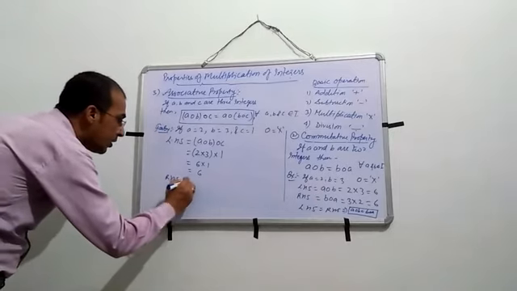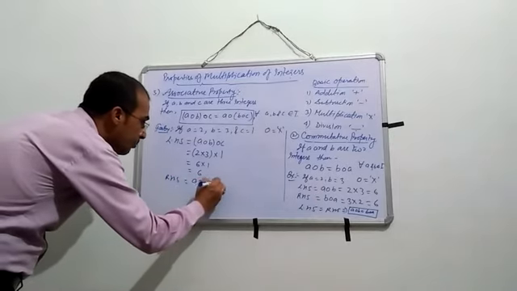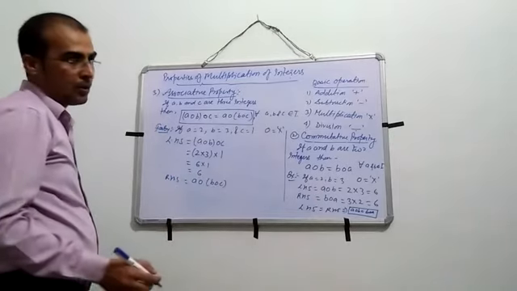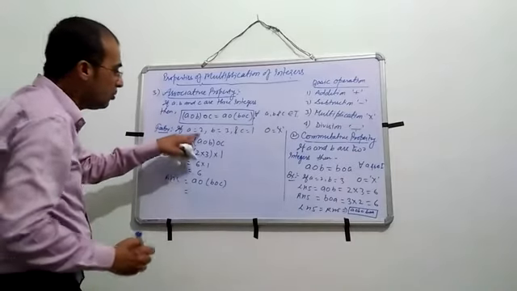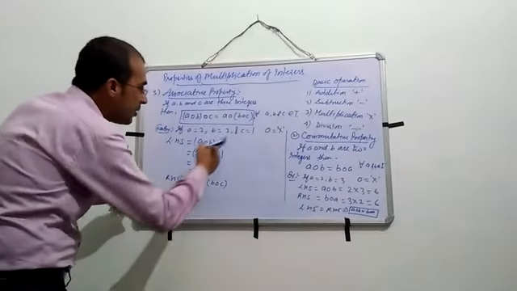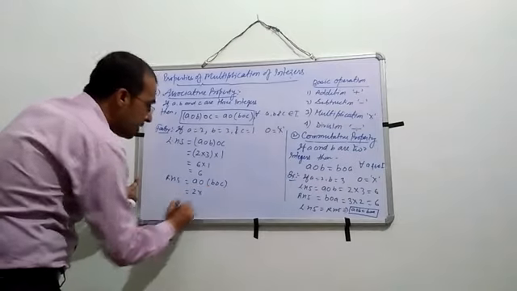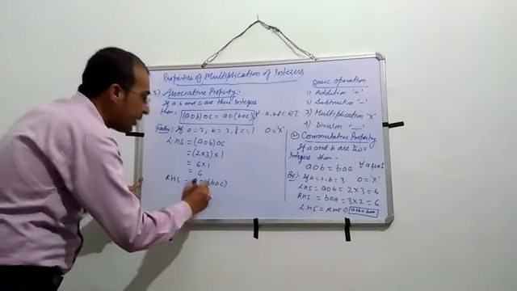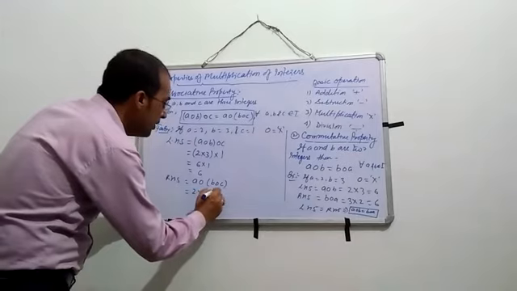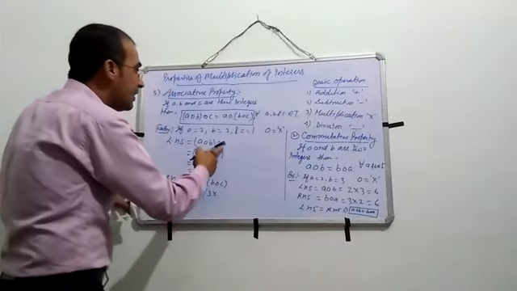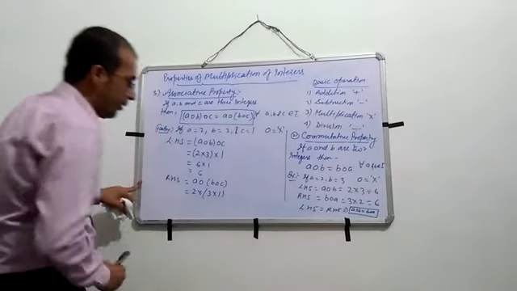Now, what is RHS? RHS is a operation, b operation c. It means a equal to 2, the operation is multiplication, and in brackets b equal to 3 and c equal to 1.